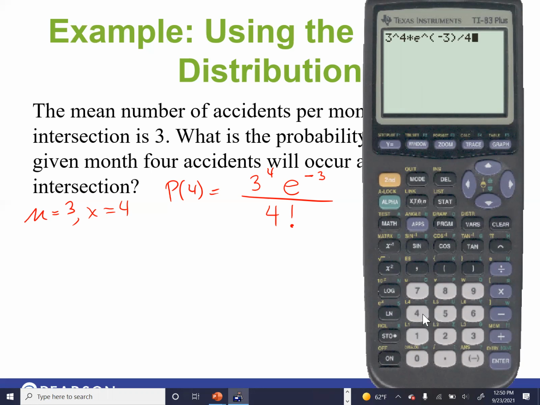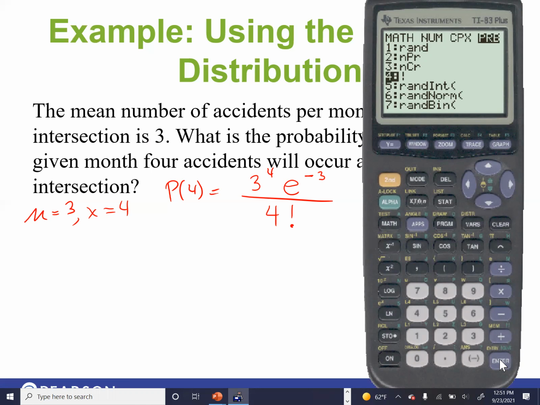Anybody found the factorial button on your calculator yet? Under math. Under probability, yes, it's number 4. Okay, ding, ding.